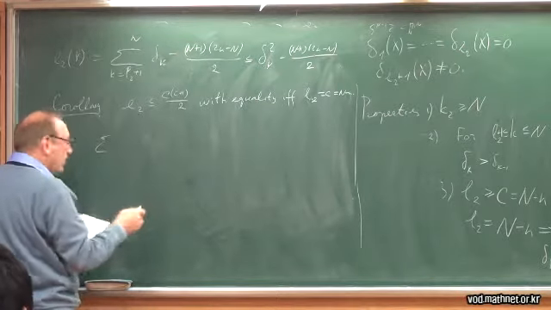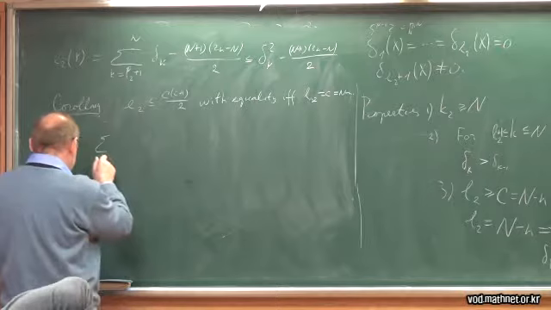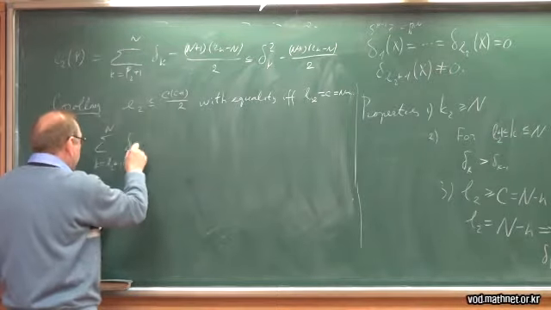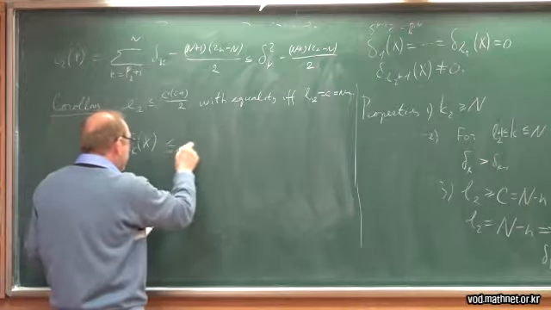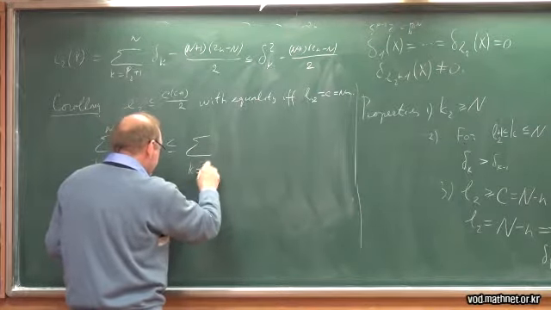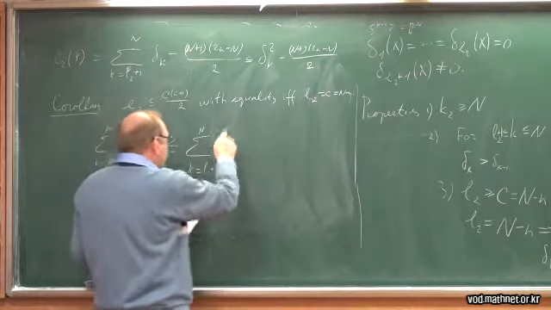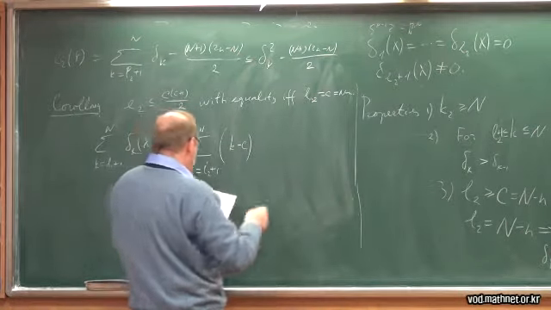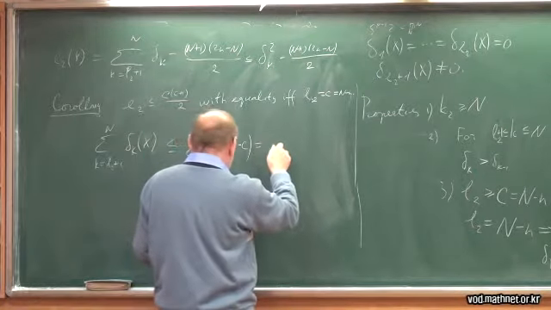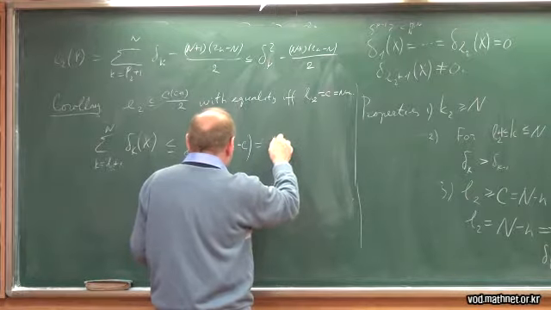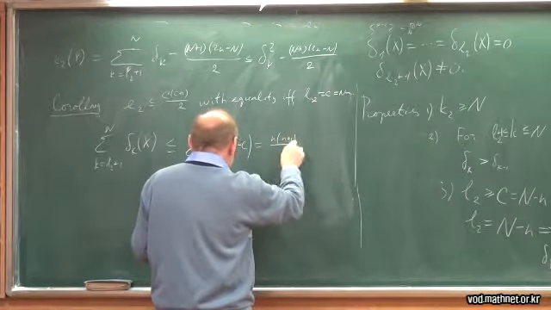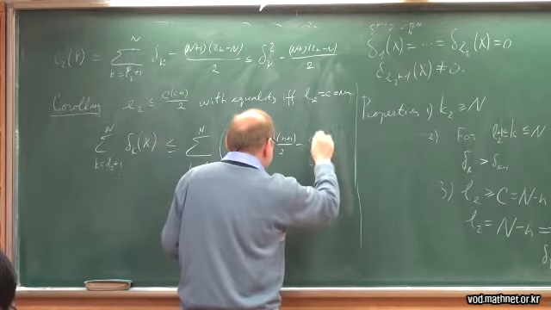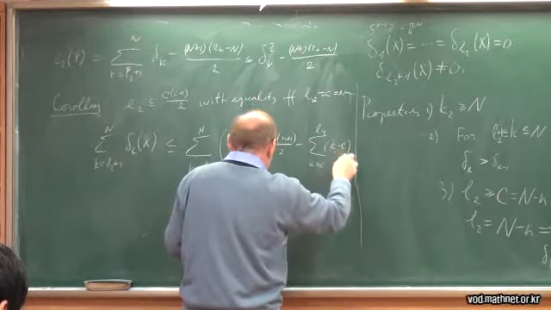We know, and I formulated it here also, that this sum is bounded, and we can sum up all these terms, and then we get immediately, I'll explain just in a moment.